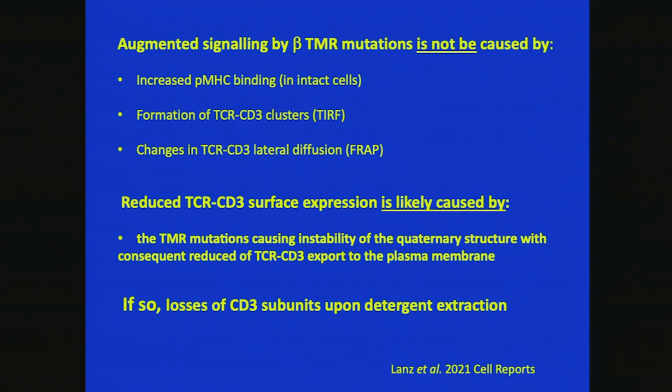And if you extract the receptor now with a mild detergent, you can see that the stoichiometry of the receptor is decreased. So epsilon, gamma, or zeta could be not present with the TCR with the same stoichiometry as wild type. Okay?